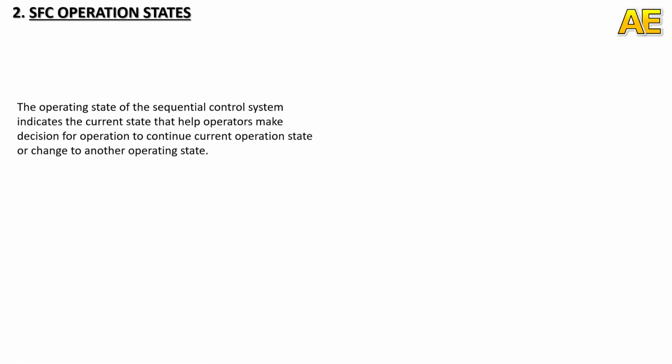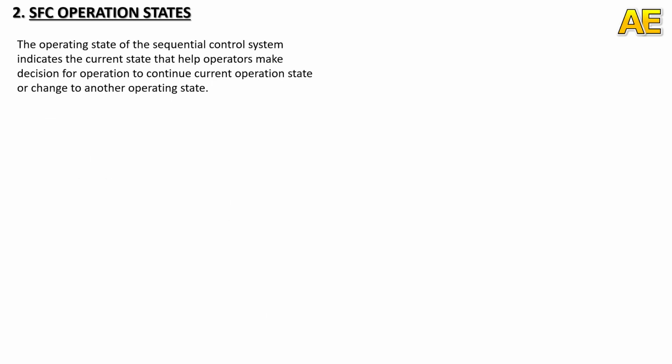Okay, the important thing of SFC is the operation state. What is the operation state? The operation state of the sequential control system indicates the current state that helps the operators make a decision to continue the current operation state or change to another operating state.